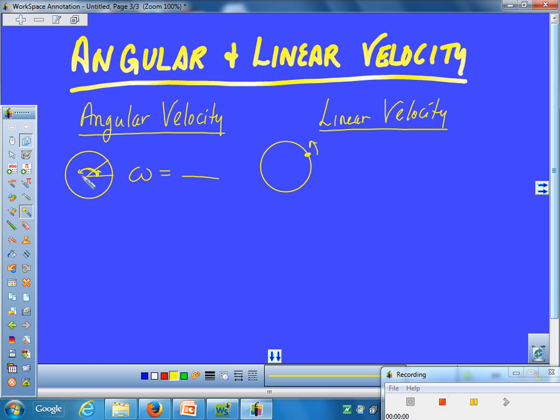We measure an angle in either radians or degrees. You're going to do radians here, of course. So it's simply how far the angle moved over how much time it took to do it. That's the formula: angle over time. Answers for these will be something like radians per minute, radians per second, radians per hour. It'll always be radians per something when you get done with an angular velocity problem.